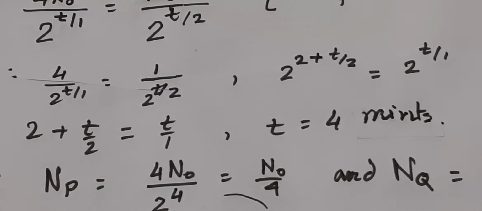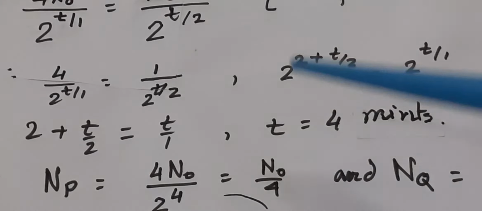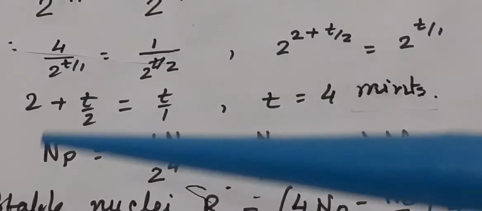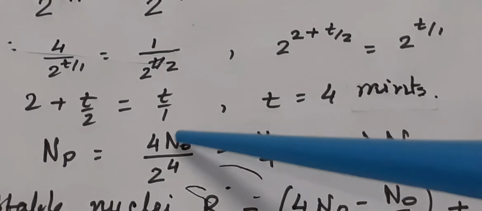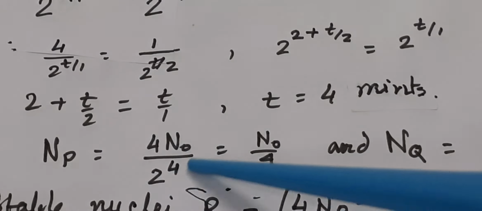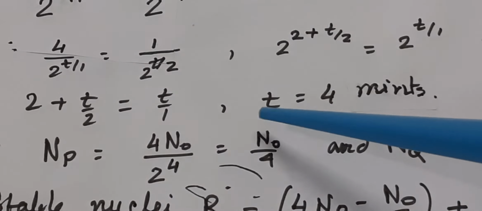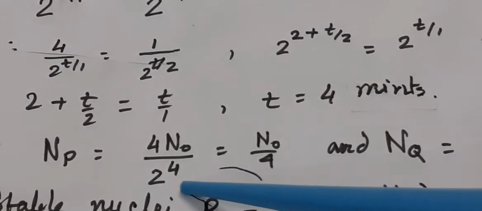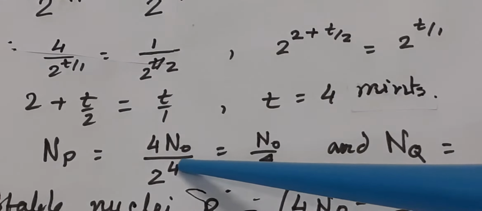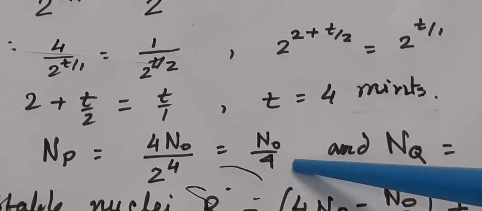For the Q sample the number of half lives will be 2. Now how much will remain after decay? 4 n naught is the initial, divided by 2 to the power of the number of half lives, will give you n naught by 4.